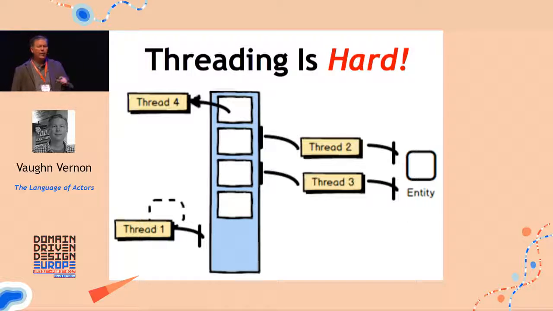Then thread 2 and thread 3, in some order, are able to finally access their work items, but the work items that they access are overlapping, in that they're both carrying out a task on the same entity, and because of that, the entity blocks. So thread 2 or thread 3 has to wait for the conclusion of the other thread's work on this entity, and then it can move forward.